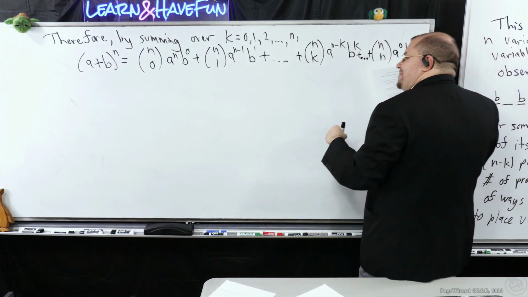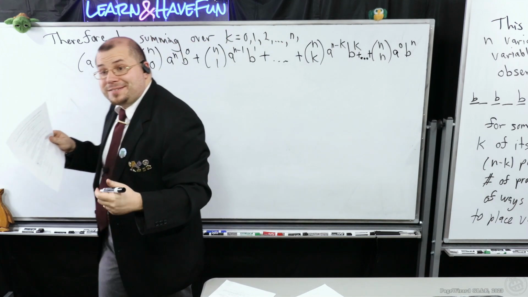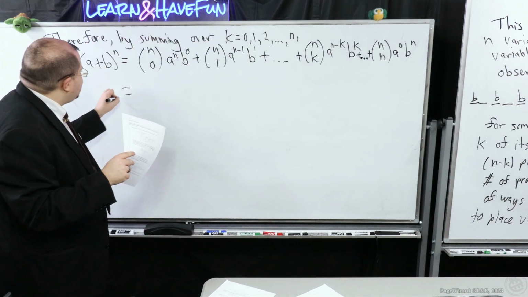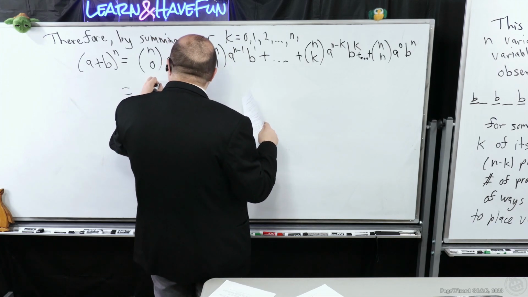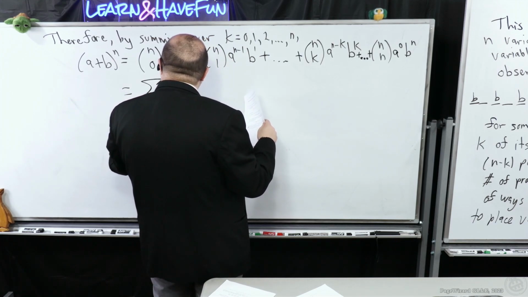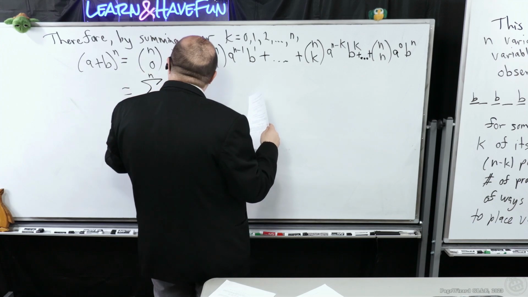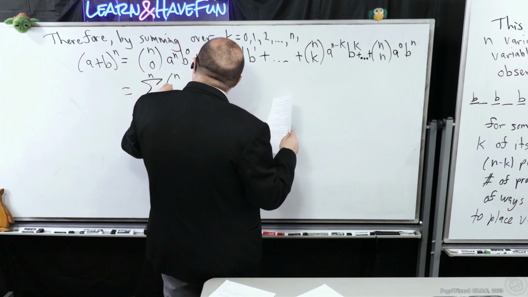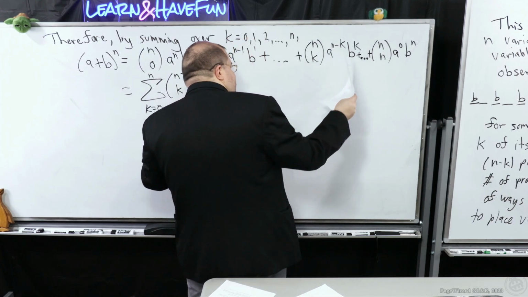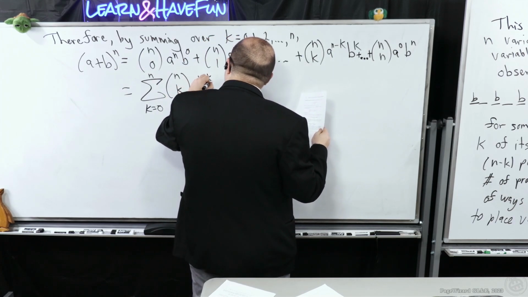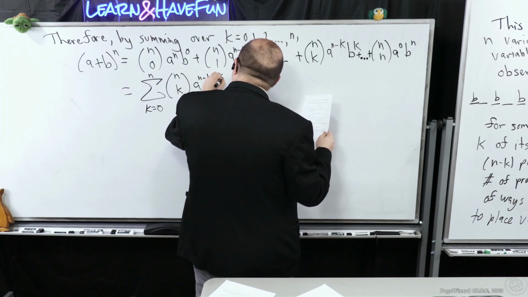But what's this? Let me write it out using summations. So let me use some notation. I'm varying k from 0 up to n. So k is equal to 0 up to n. This is n choose k times, the general term would look like this: a to the n minus k times b to the k.